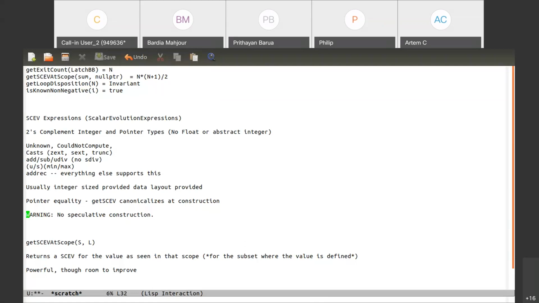Okay, so when you say miscompile, you mean LLVM compiling user code, not building LLVM itself? Correct. Okay.